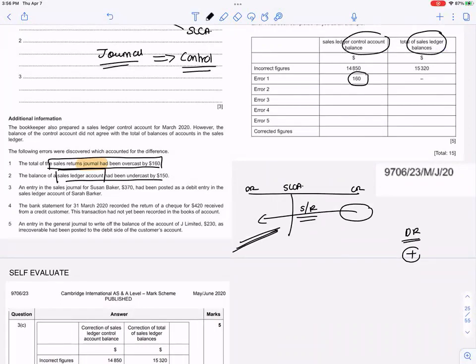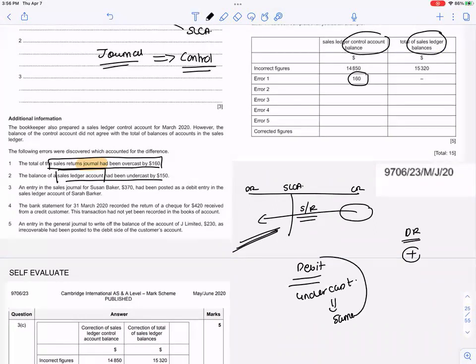Balance of sales ledger. Sales ledger has what balance, debit or credit? Debit balance. Debit balance is undercast. Undercast, same side or opposite side? Same side. So I have to do something on the debit side.